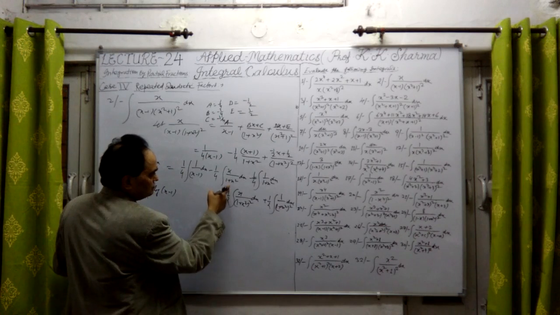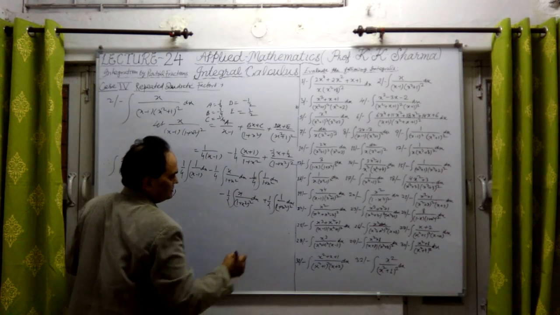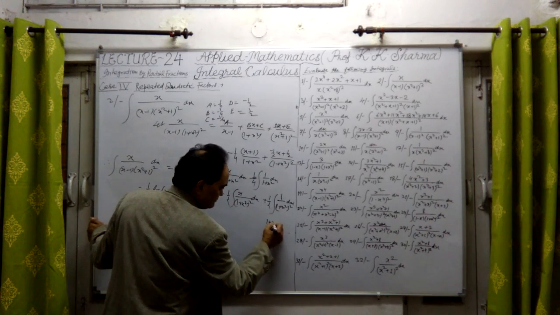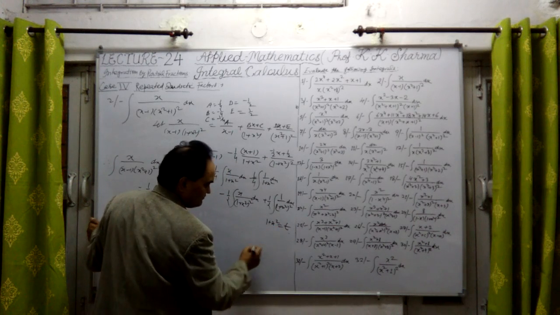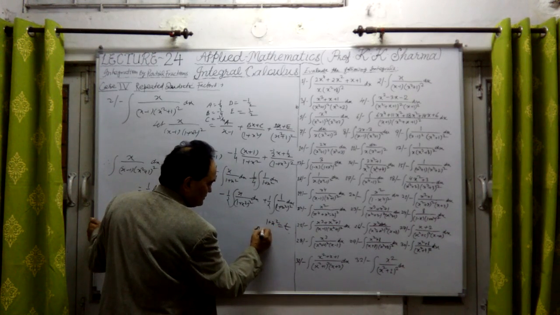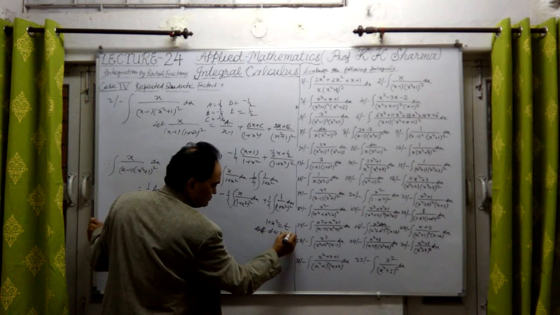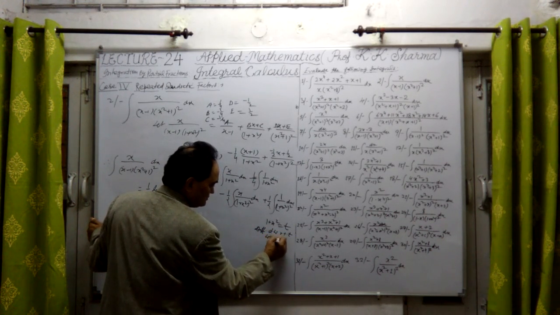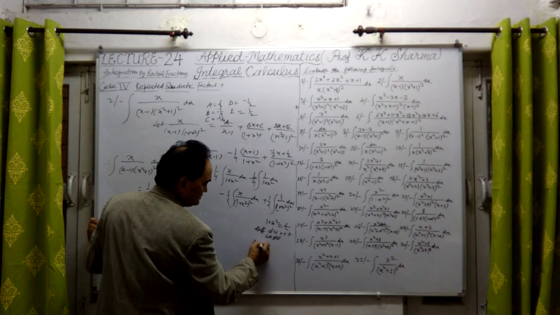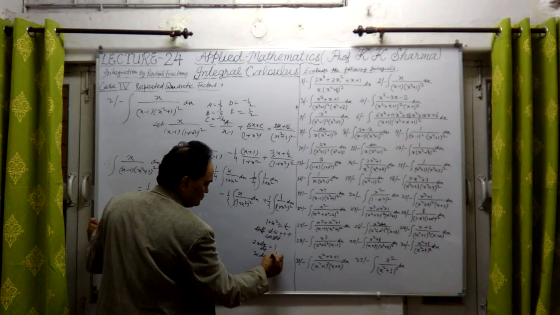And second, this one and this one, we have to assume x, 1 plus x square equal to t, differentiating it with respect to t. So we get twice x into dx upon dt equal to 1, x into dx equal to dt upon 2.